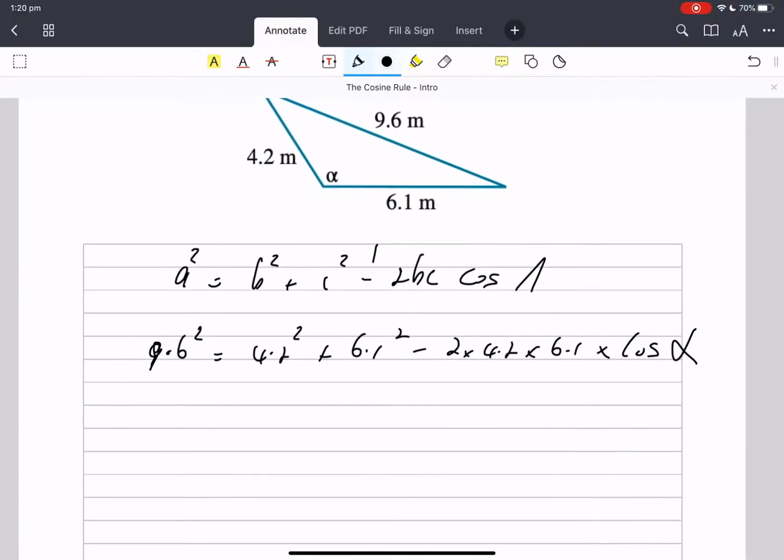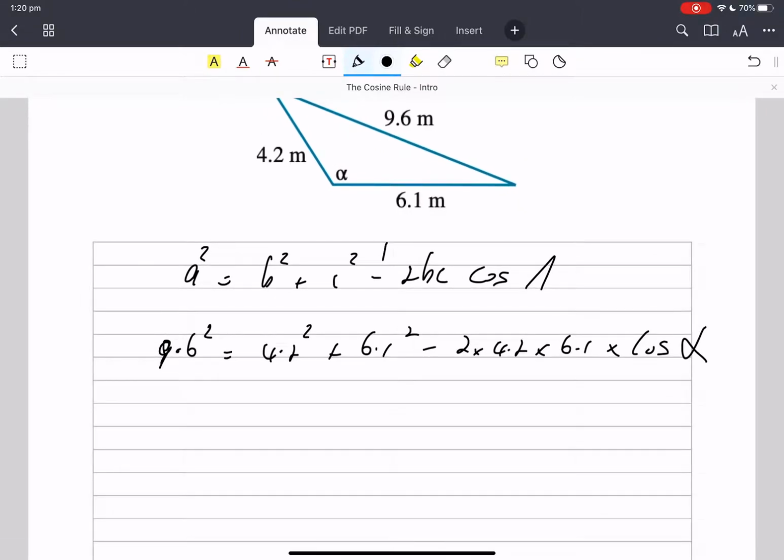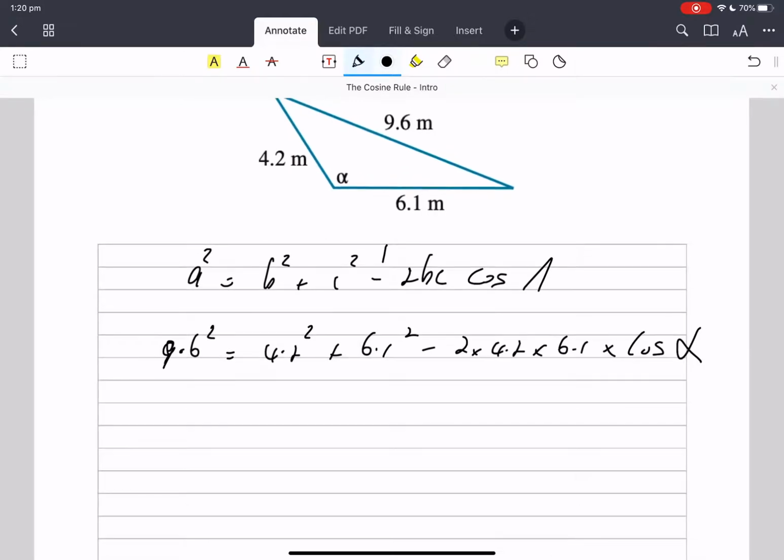Yes, even if you're a big grade 12er, I've seen lots of weird things when you do too much at once. So, 9.6 squared.